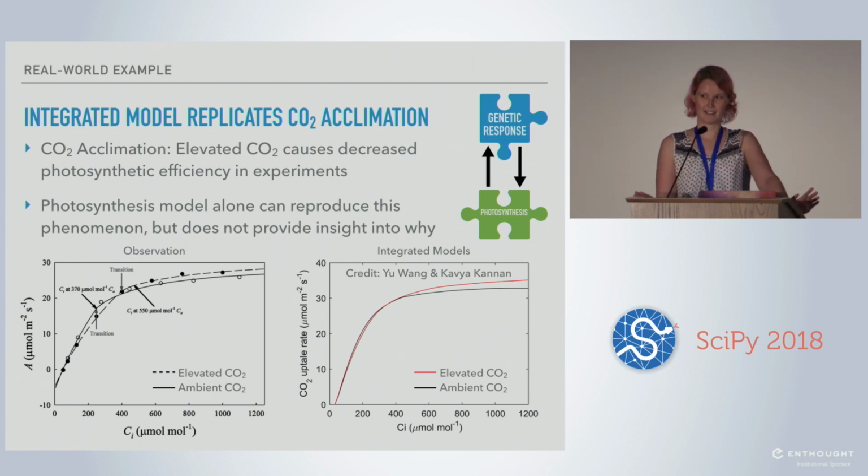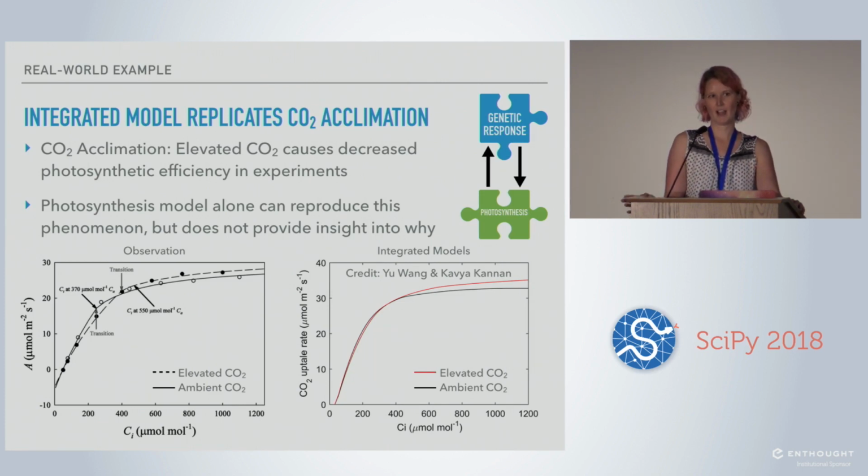But this model integration was actually able to replicate a phenomenon that's seen in experimental measurements called CO2 acclimation, where under elevated CO2, you actually see a decreased efficiency in photosynthesis in experiments than you would expect.